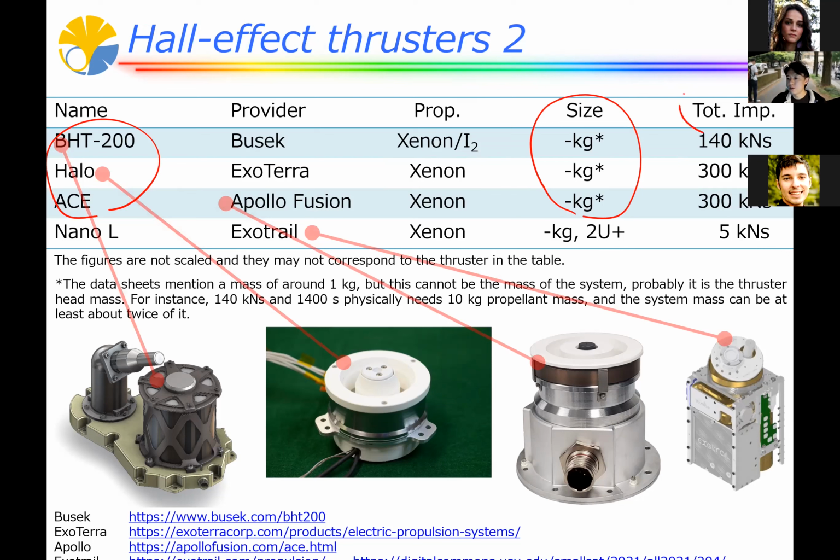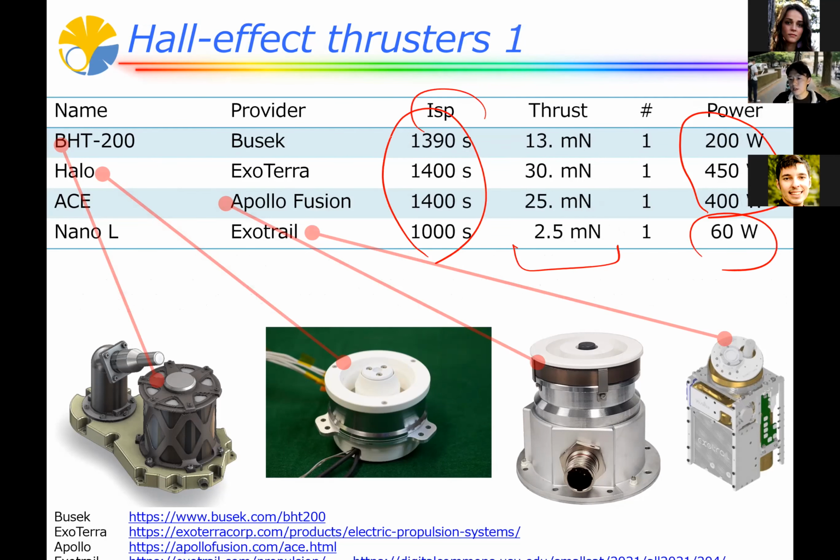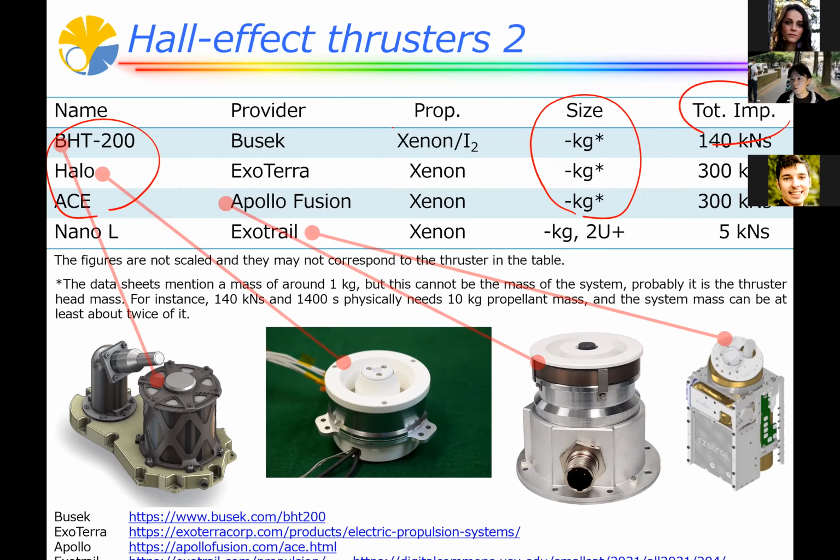Simply from the total impulse and specific impulse, you can calculate the required propellant mass. And if you calculate that amount, you will immediately find that to generate this total impulse, you will need 10 kilograms of propellant mass. So the 1 kilogram written on the data sheet would be the mass of the thruster head only. So the propulsion system might be 20 kilograms or something like that.